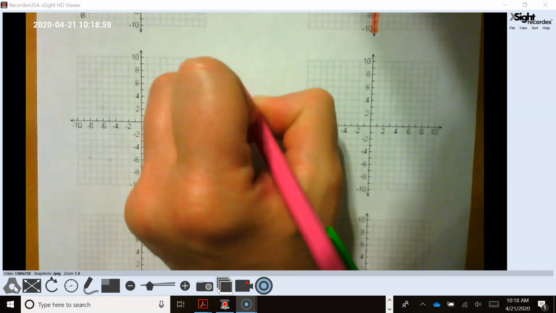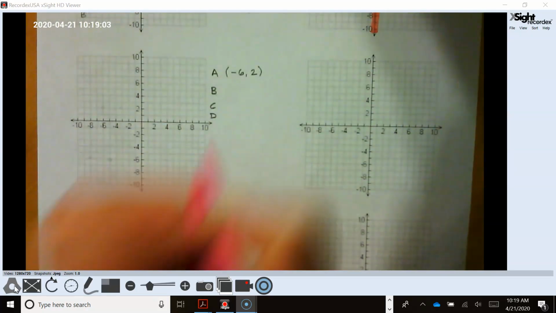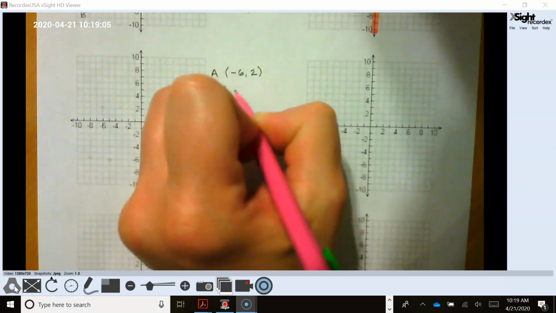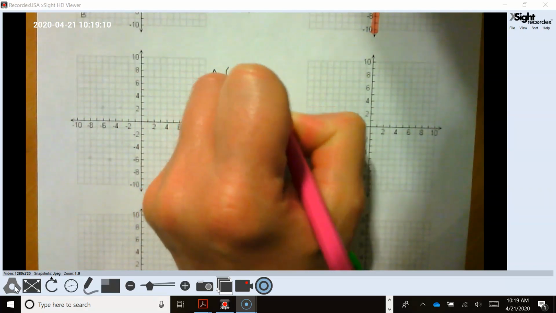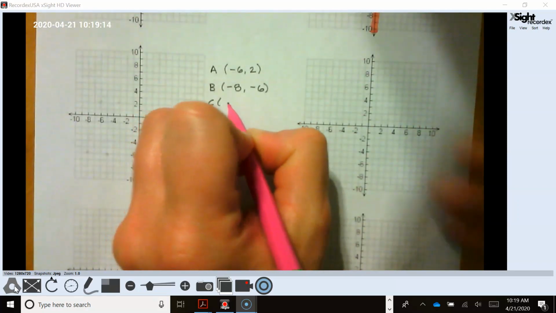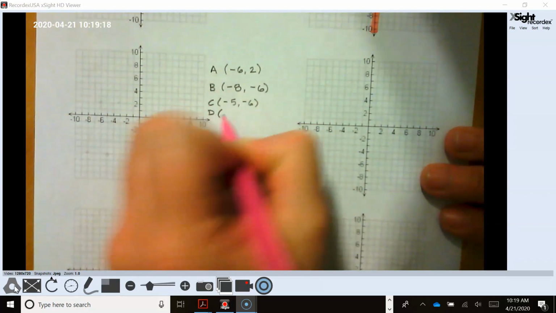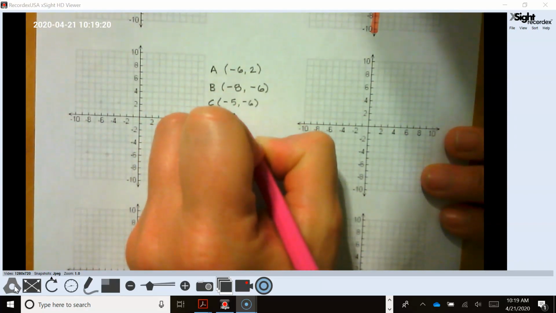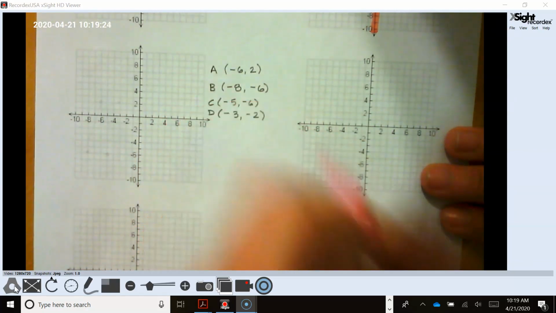We're going to put point A at -6, +2. We're going to put point B at -8, -6. We're going to plot point C at -5, -6. And we're going to plot point D at -3, -2.